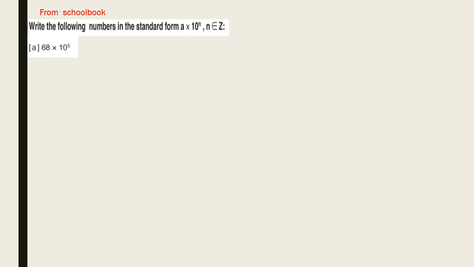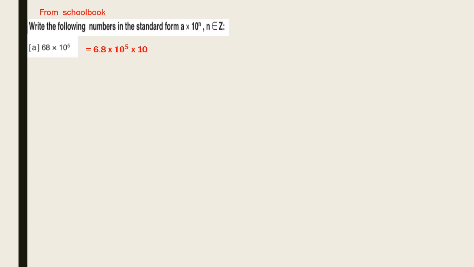Here we haven't this in standard form because this number is more than 10. It must be more than or equal to 1 and less than 10. So we must put a decimal point between 6 and 8. It will be 6.8, and we have 10 to the power 5.